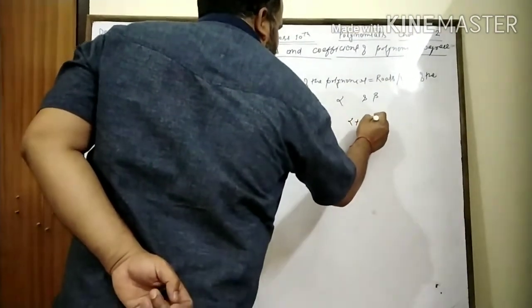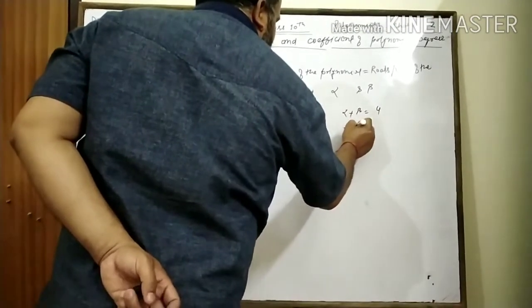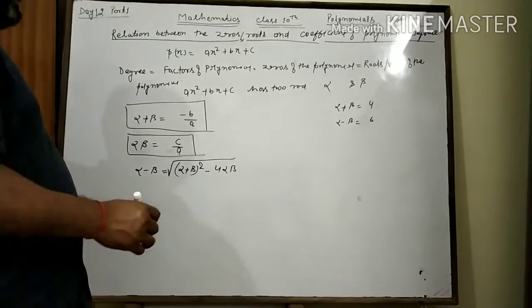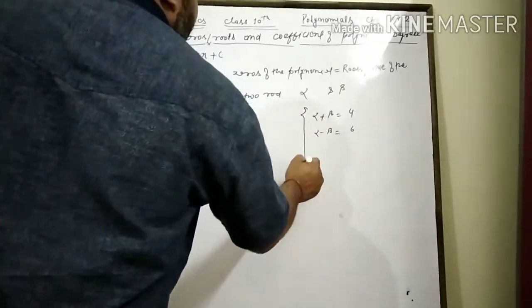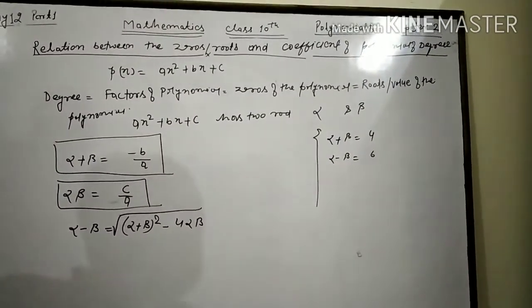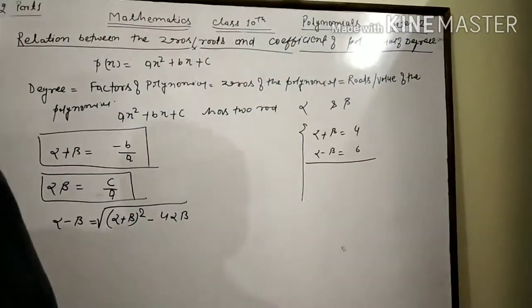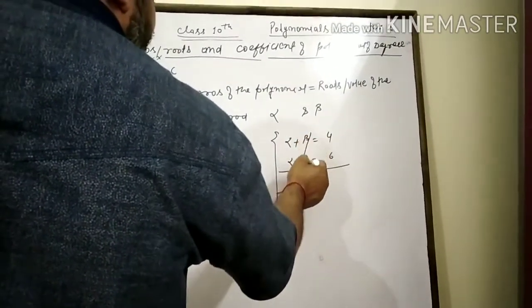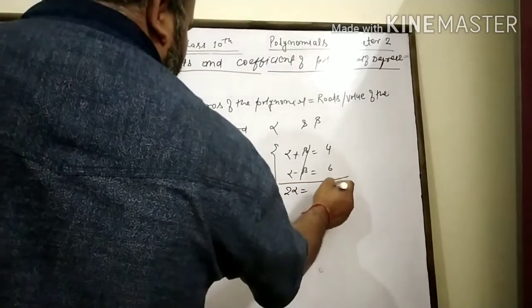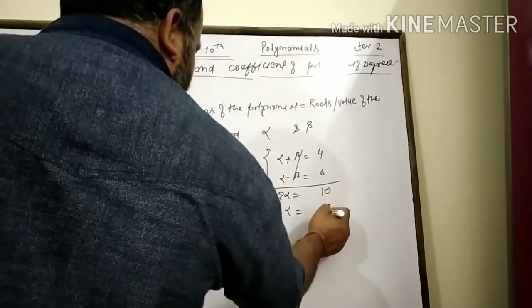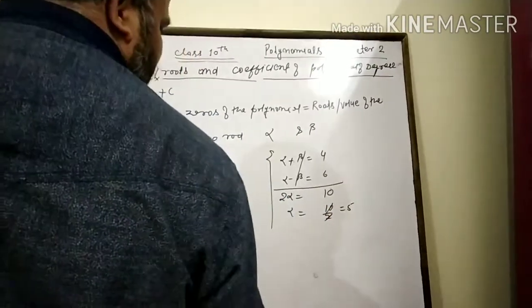And suppose in any question alpha plus beta is equal to 4 and alpha minus beta is equal to 6. Clear? Then you can solve by linear equations in two variables. Adding, here plus beta and minus beta cancel. 2 alpha is equal to 10, so alpha is equal to 10 by 2, alpha is equal to 5.